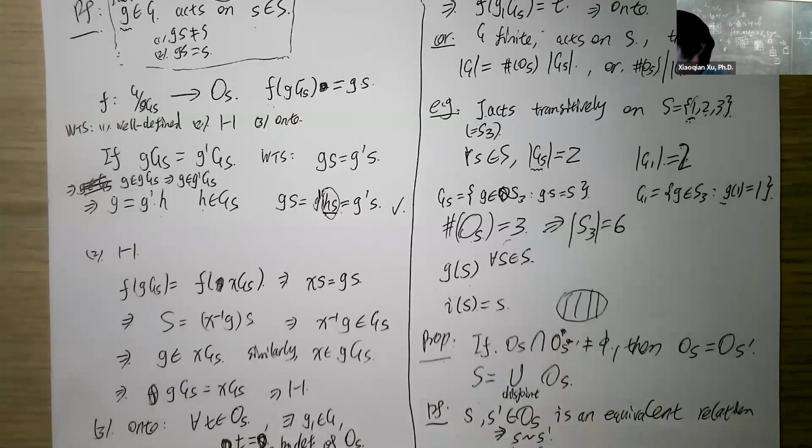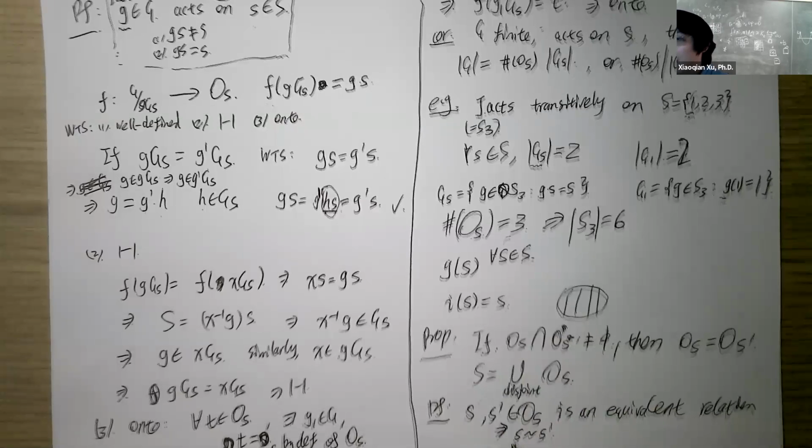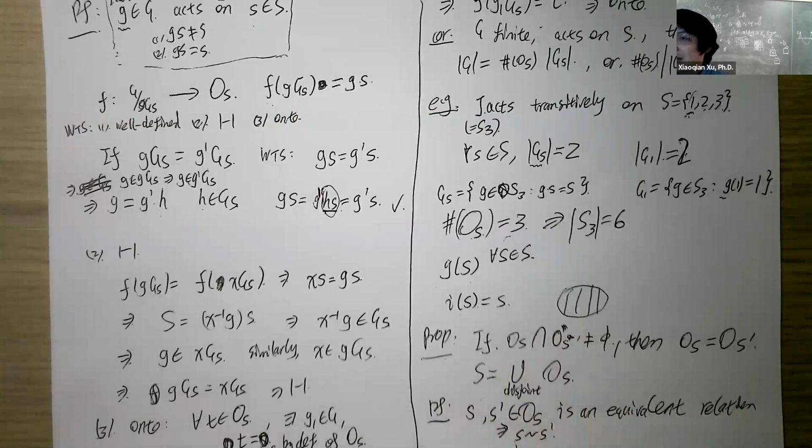A relation defined on this set S, say these two are equivalent if and only if they are in the same orbit, is actually an equivalence relation.